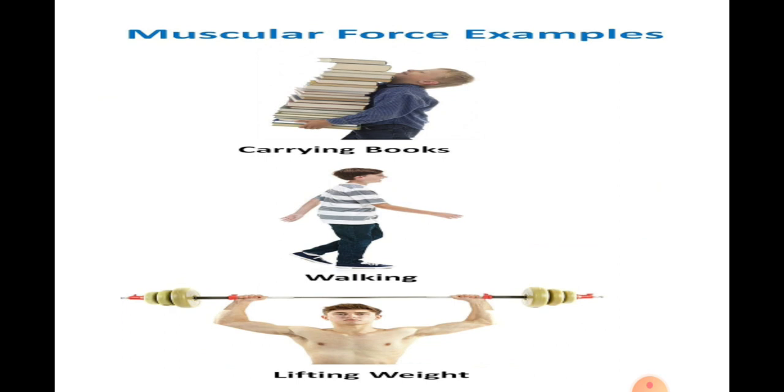Both human beings and animals can exert muscular force to do work. Human beings exert muscular force for performing various day-to-day activities like kicking, walking, running, jumping, climbing, squeezing, twisting, pushing, lifting, etc. When a boy is pushing a box, when a child is riding a bicycle, when a person is drawing water from a well, all these are examples of the use of muscular force.